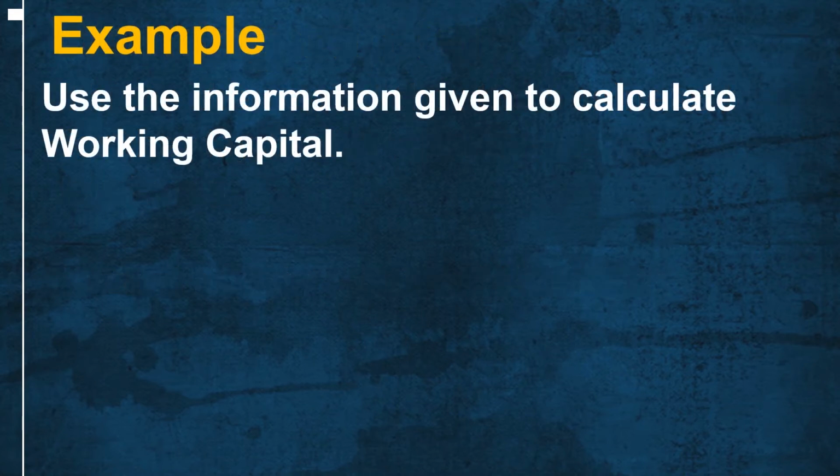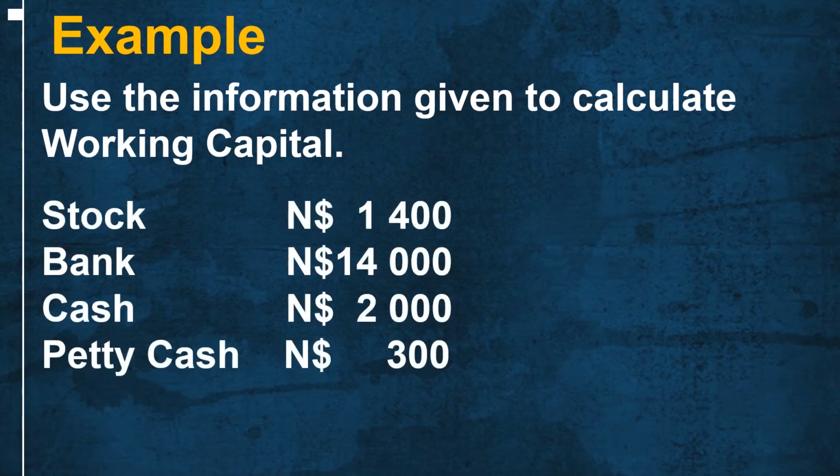Let us look at the information given to calculate working capital. Stock 1,400 Namibian dollars, bank 14,000 Namibian dollars, cash 2,000 Namibian dollars, and petty cash 300 Namibian dollars.